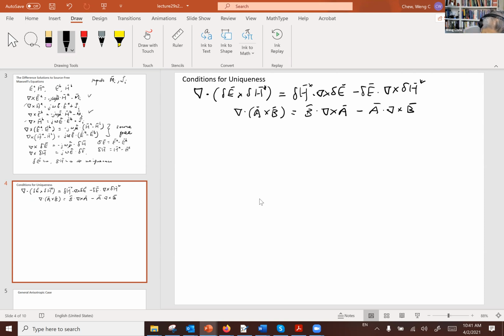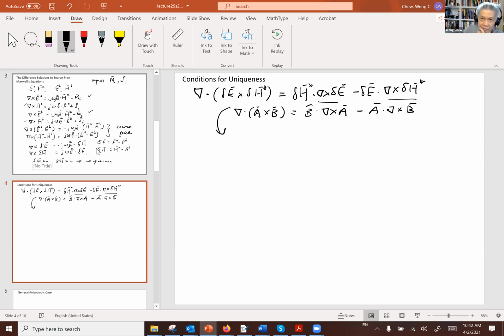Okay. So using this, then we can write the right-hand side of this equation, by using what we have learned previously from the previous slide. Okay, you can see that in the previous slide, curl of delta E, curl of delta H are equal to these terms.